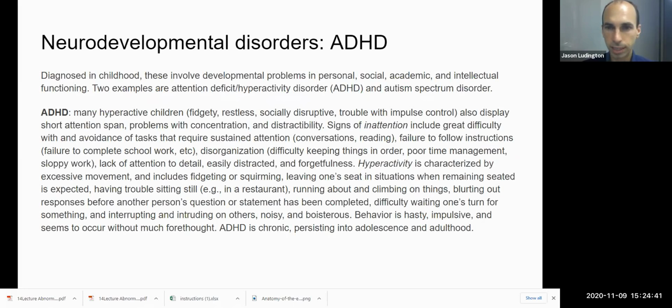Signs of inattention include great difficulty with and avoidance of tasks that require sustained attention. If you have attentional deficit, then you don't want to get yourself in a situation where you have to pay attention for long periods of time. So you might not like going to school or talking with adults, because adults may talk on and on.